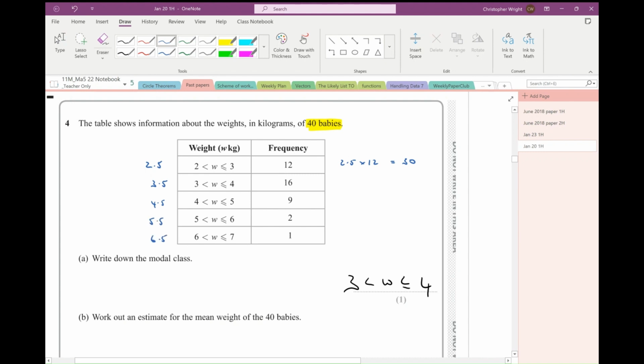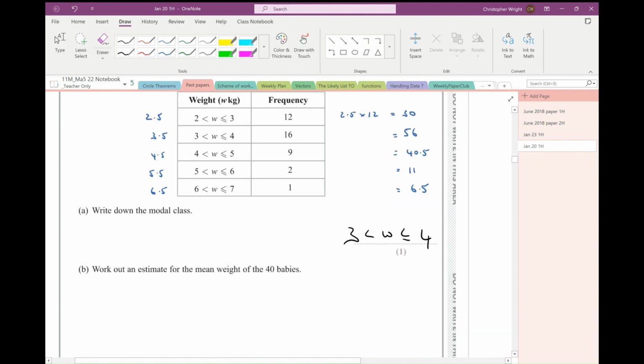Right, so my 16 babies who measure 3.5 each, that gives me a total of 56. My 9 babies, who I'm going to assume are 4.5 kilograms each, gives me 40.5. My 2 babies, who measure 5.5 each, gives me 11. And my 1 baby, which measures 6.5, gives me a total weight of 6.5.